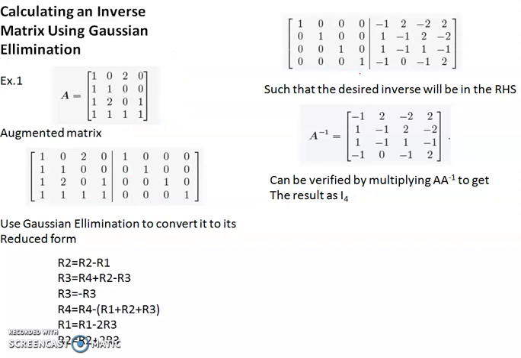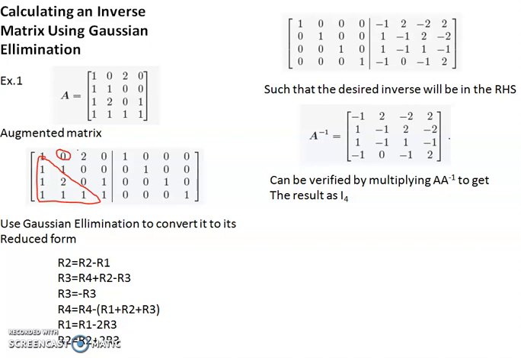For that, a sequence of steps will be performed: you need to transform the lower diagonal elements to 0. Also, you need to change this matrix to a reduced row echelon form.